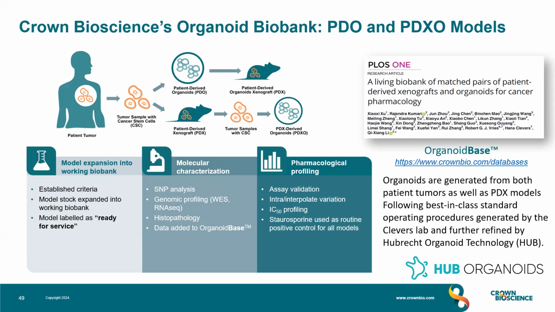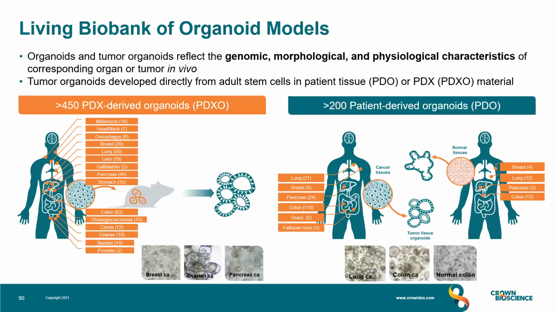And then also similar to our PDX biobank, our organoid biobank is also fully annotated for clinical information, pathology, diagnosis, genomics, and this is accessible via Organoid Base, and this can help with model selection. And this slide gives you a breakdown of the different cancer types. We have over 15 different types in our PDXO collection.